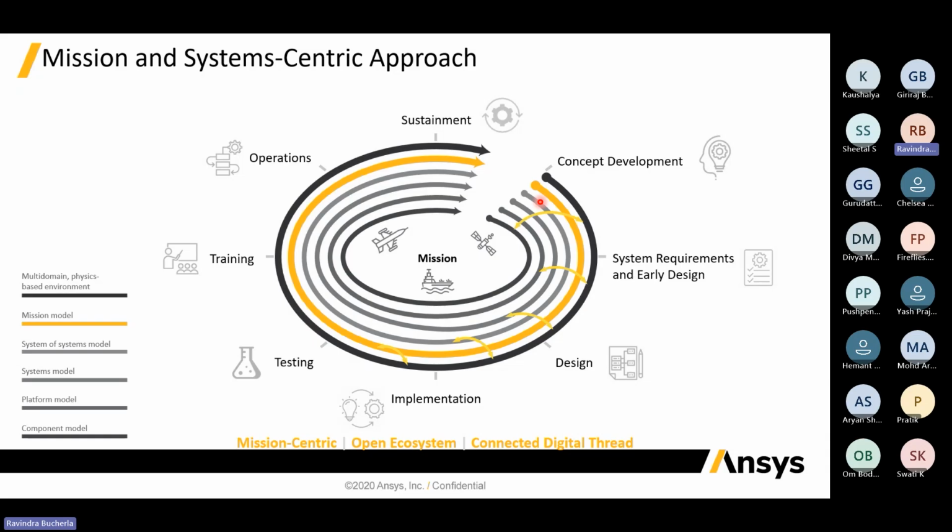Once we have the early design, we may create a CAD model and implement it, meaning we go with one physical prototype and perform different types of testing and training, and based upon the operations we perform, we check.